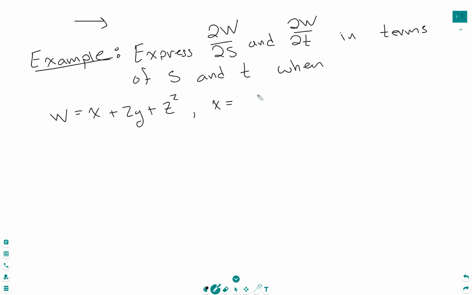We have that x is s over t. We have that y is equal to s squared plus the natural log of t. And then z is 2s.